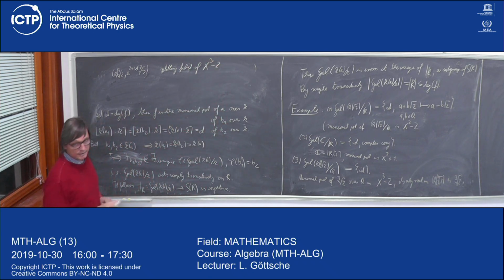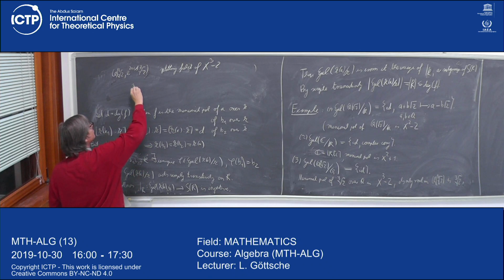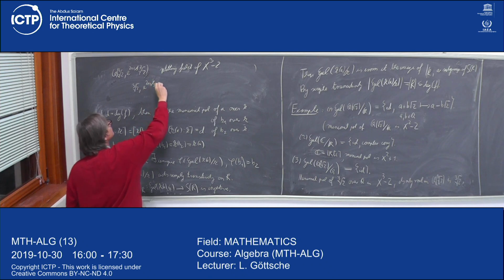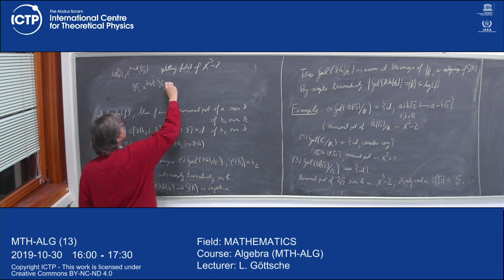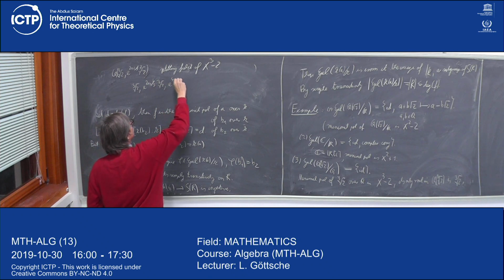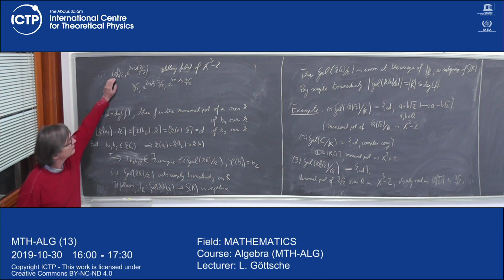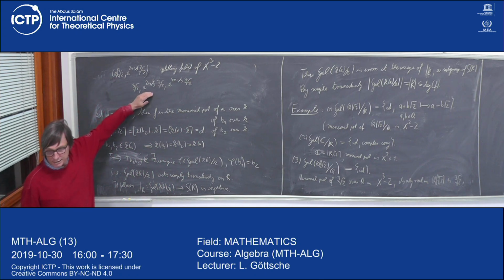And we have the 3 zeros: the third root of 2, e to the 2 pi i divided by 3 times the third root of 2, and e to the 4 pi i divided by 3 times the third root of 2 are the 3 roots. And in this case, the Galois group of this extension will permute them in an arbitrary way.